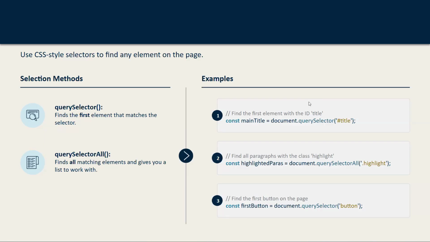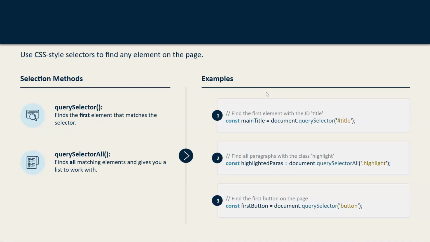So if I write document.querySelector with #title in the quotes, JavaScript will look for the first element with the ID title, whereas querySelectorAll finds all the matching elements and gives them back as a list, which is useful when you want to work with multiple elements at once.